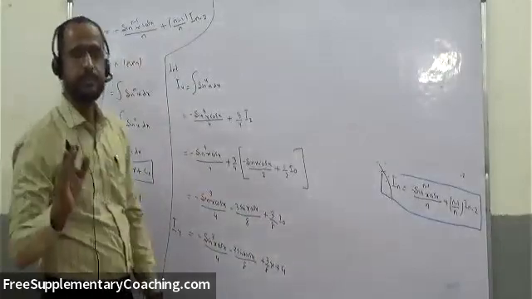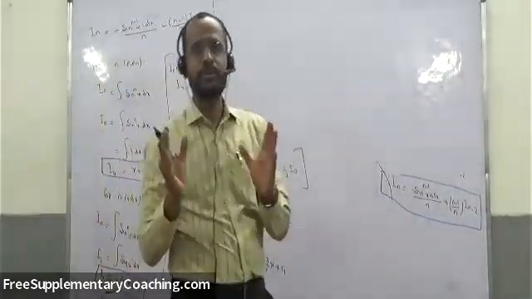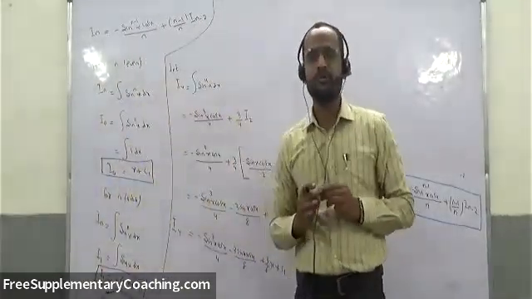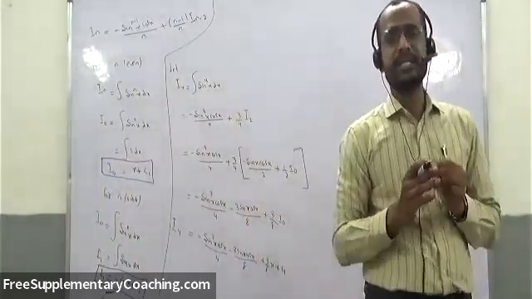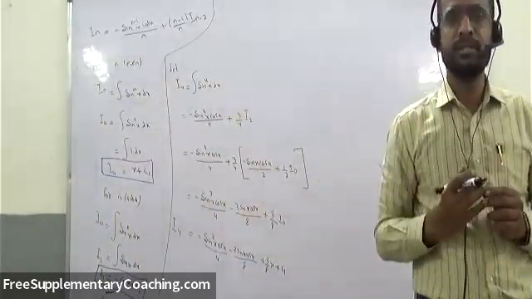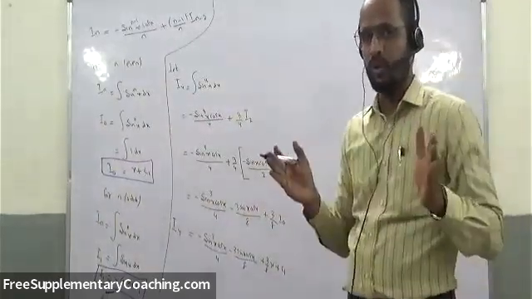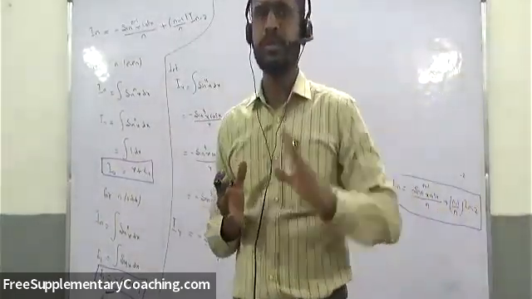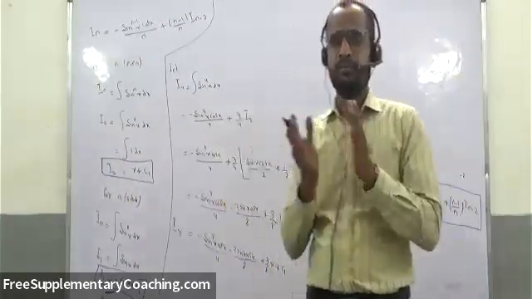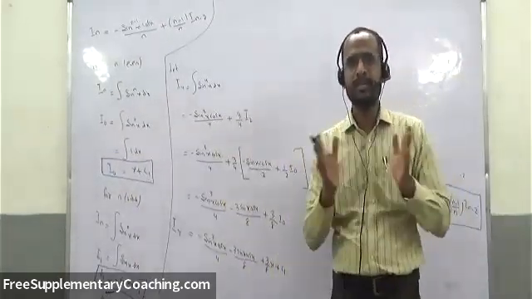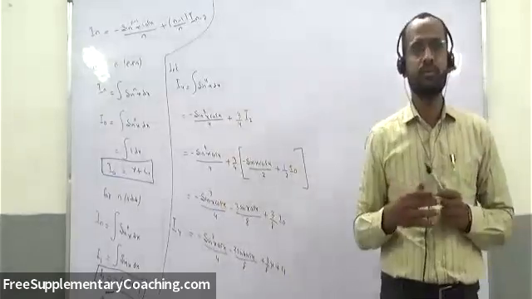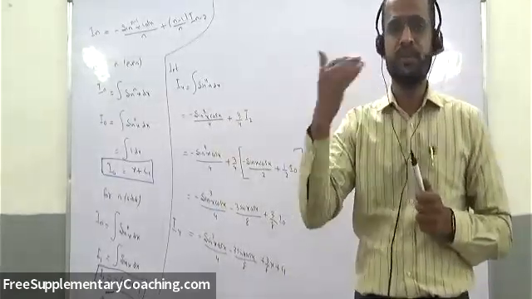So observe each and every step how we have reduced integration of sine power 4x into dx according to the reduction formula. So what is the gist of this problem? First thing, in the problem it is clearly mentioned: find the reduction formula for integration of sine power 4x dx.